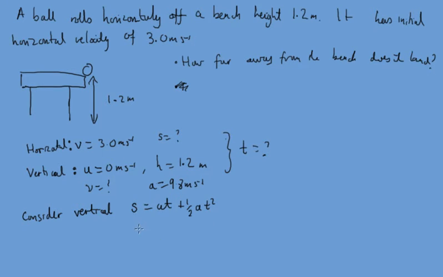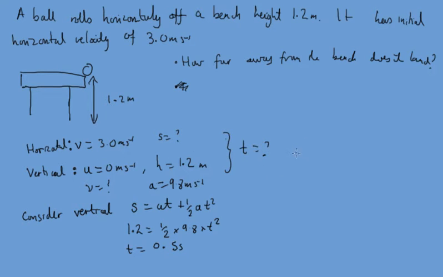The initial velocity is 0, and the distance it travels in the vertical is the height, so 1.2 is going to be equal to half times 9.8 times t squared, and calculating that out, we find that the time is 0.5 seconds that the ball's going to be in the air for.